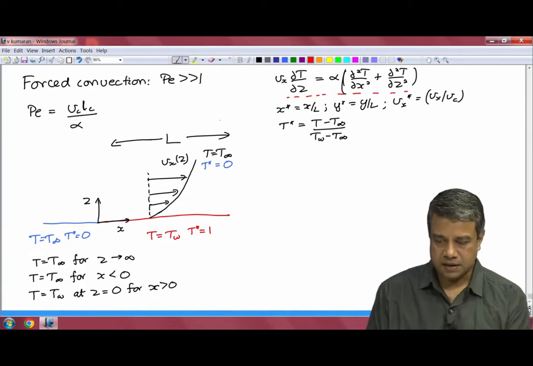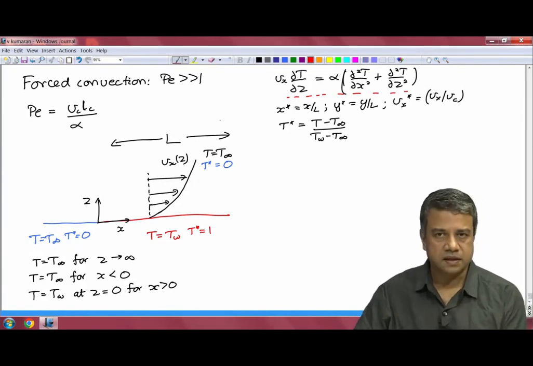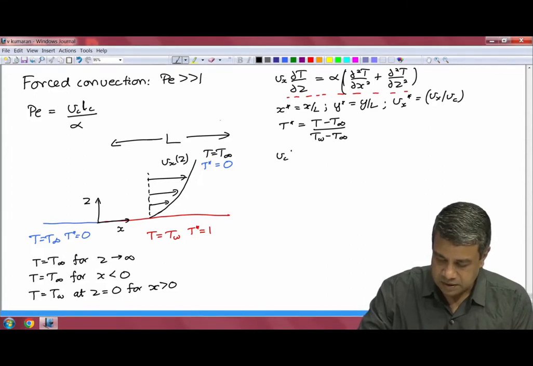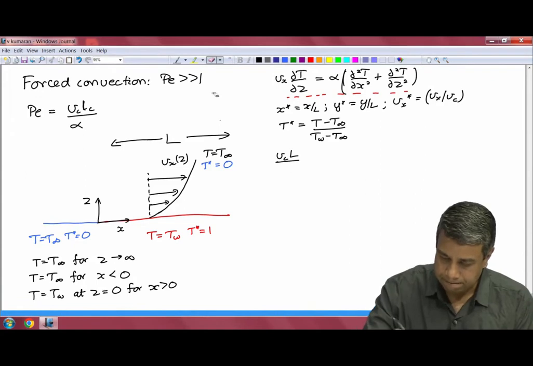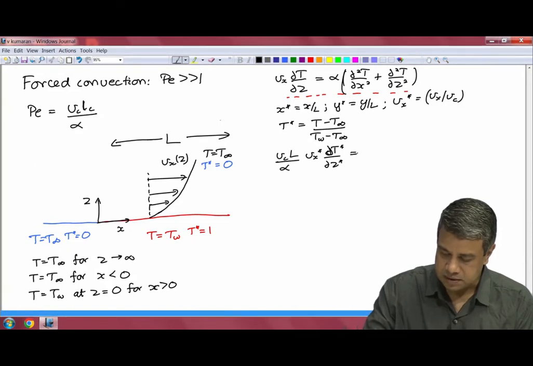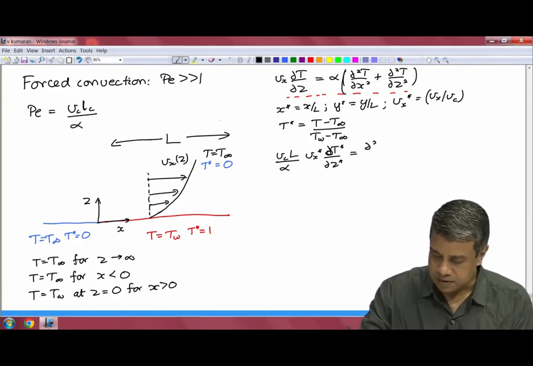And using this scaling, you can easily scale the equations and you will get Vc into L by alpha, Vx star partial T star by partial Z star is equal to partial square T star by partial.